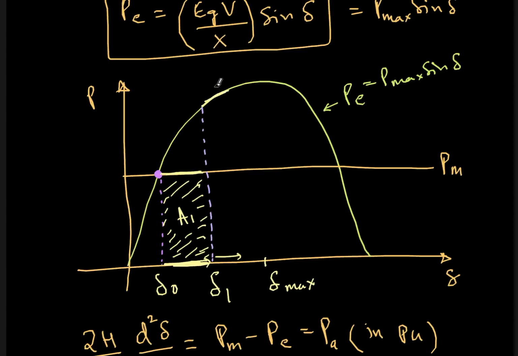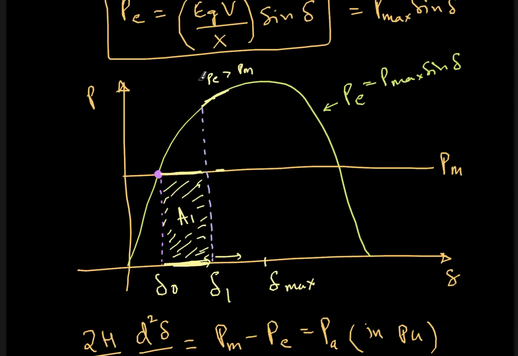So at this point, electrical power is greater than mechanical power. For example, you see here electrical power is here, mechanical power is only this much. During the fault, we are assuming mechanical power is constant, because in that short few milliseconds, not much variation will be there in the mechanical input to the machine.